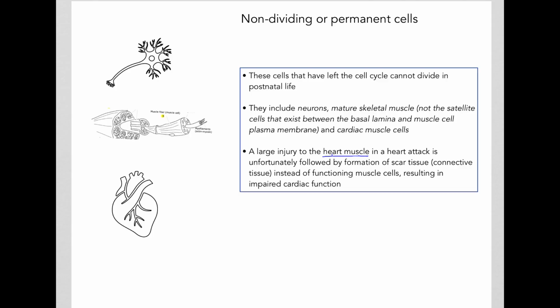And this means that if there is an injury to the heart muscle, as we see in a myocardial infarction or heart attack, the damaged tissue is simply replaced by connective tissue, by scar tissue, instead of the original muscle tissue. And that will lead to loss of function, in this case impaired cardiac function.